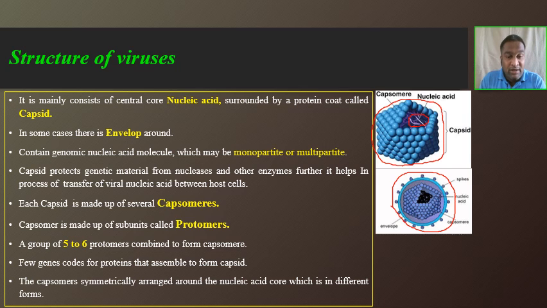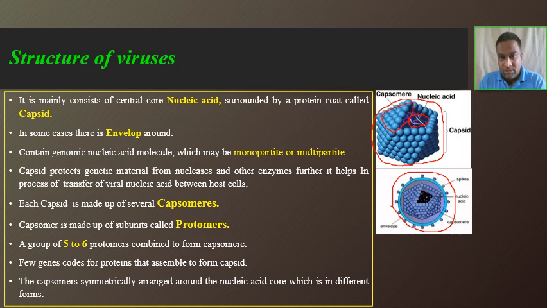Then each capsid is made up of several capsomers. Here we can see on the entire body of the virus, the capsid is made up of several capsomers. Here is the capsomer, and a capsomer is made up of subunits called protomers.